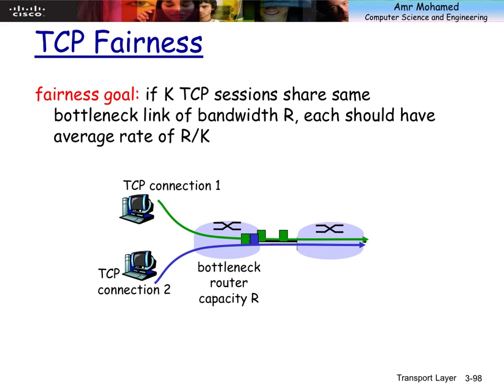Based on the fact that it's a relatively simple mechanism, changing the congestion window when we have a packet drop or a three duplicate ACK, how can we figure out whether this technique provides fairness or not?